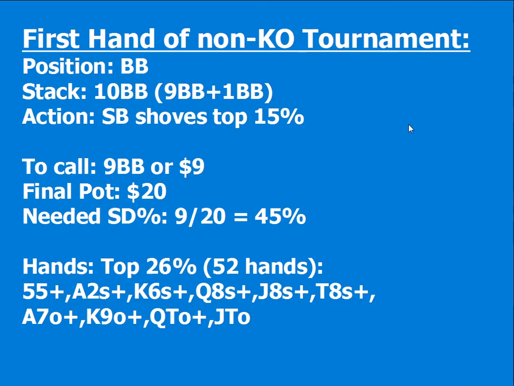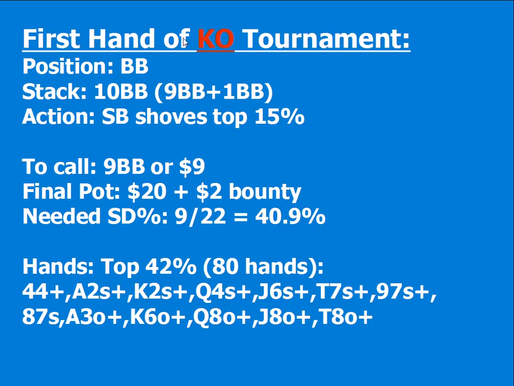Now let's look at the knockout tournament. First hand of a knockout tournament. Same thing: we're in the big blind, our stack is 10 blinds, 9 behind, 1 in the middle, the small blind shoves the top 15%, and we have to call our same 9 big blinds, or $9. The final pot, again, is going to be $20, but with an additional reward of a $2 bounty.